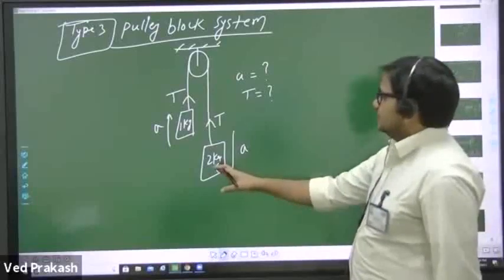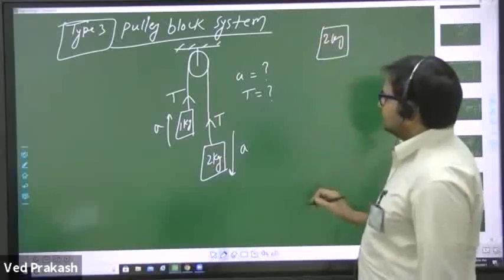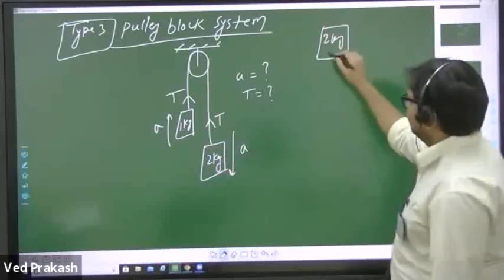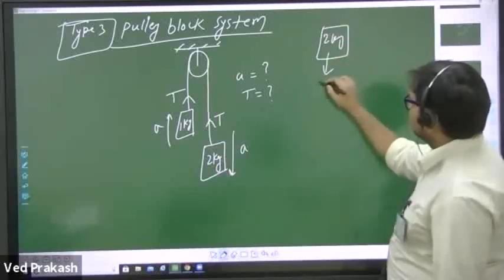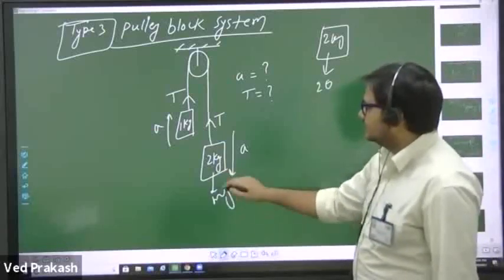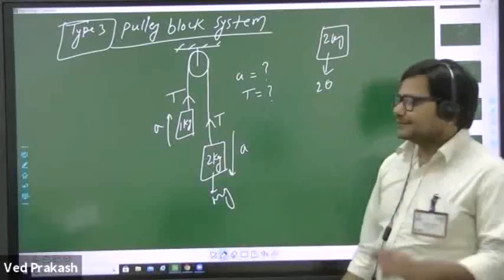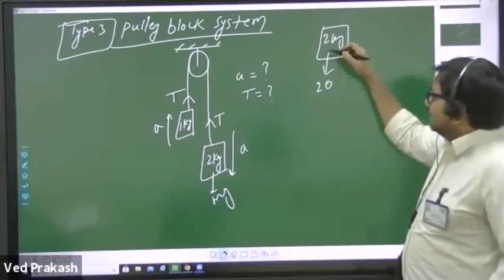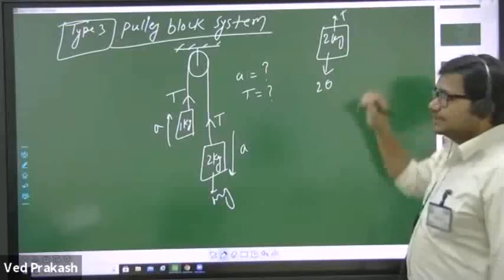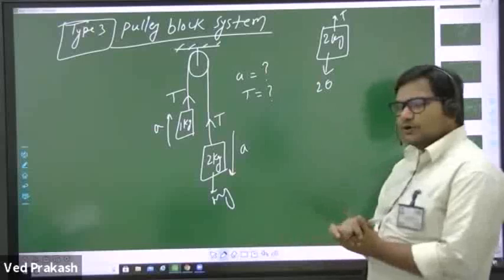If you try to draw the free body diagram of the 2 kg block and indicate all the forces acting on this block, then you have to indicate a downward force which is equal to 20. 20 means mg: the mass of this block is 2 and I have taken the value of g as 10. And the upward force acting on this block is T. Is there any other force acting on this block?